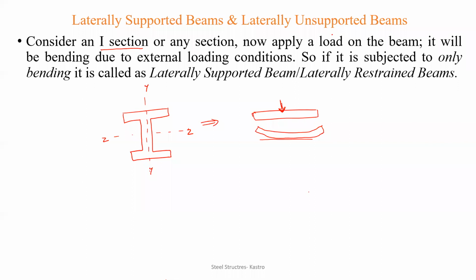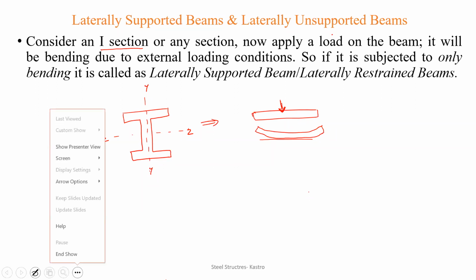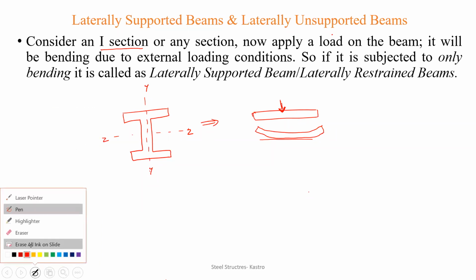If the beam is subjected only to bending, then it is called a laterally supported beam. So in a laterally supported beam, you will be focusing only on the beam which has only the bending.